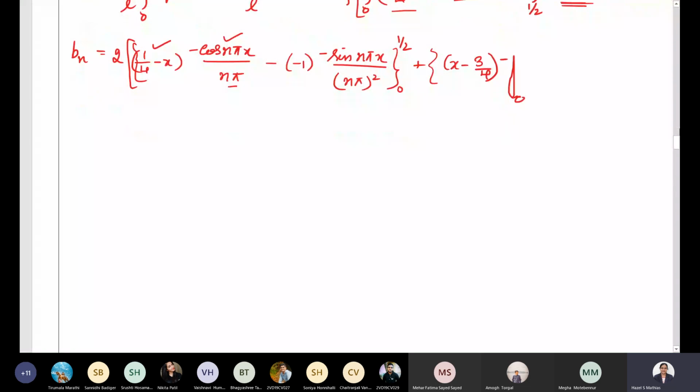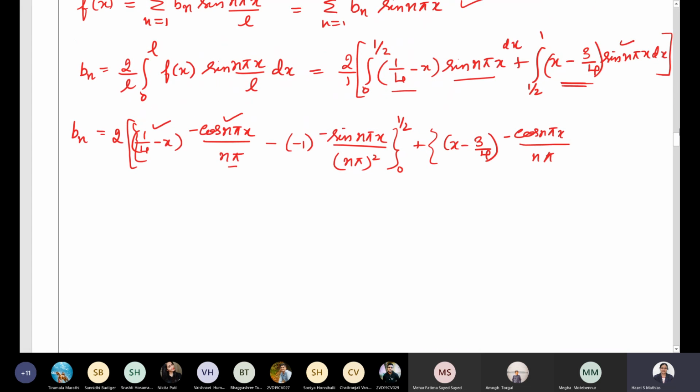Minus cos n pi x divided by n pi. Then minus, differentiate this; differentiation of this is 1. Integrate this again. We get minus sin n pi x divided by n pi whole square. And the limits vary from half to 1.